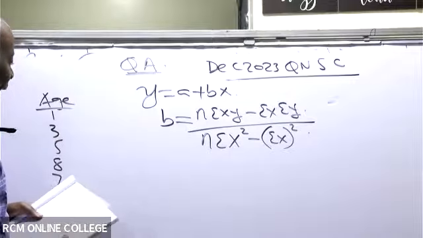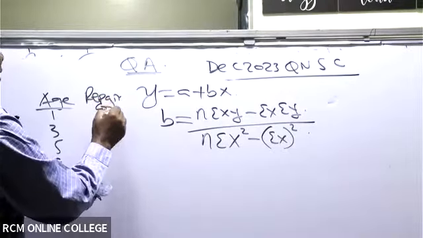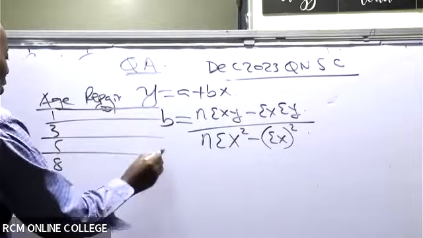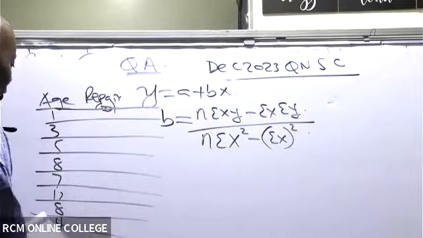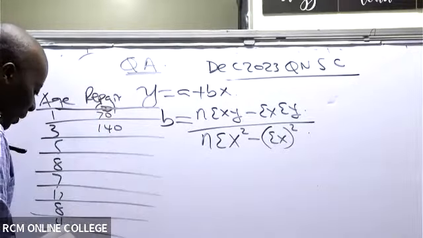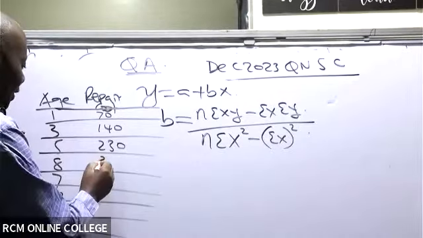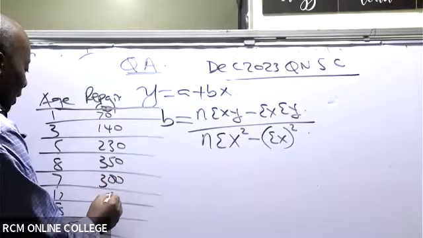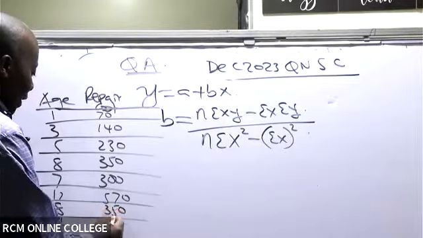And then we have the repair cost. What do we have here as our repair cost? The first one is 70, then 140, then 230, then 350, 300, 570, 350, 200.